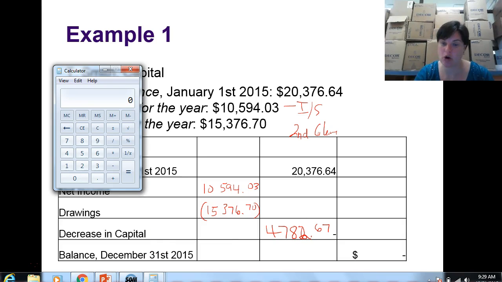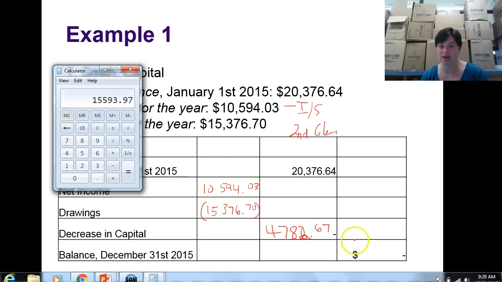So now we're going to take our opening capital figure, $20,376.64, subtract $4,782.67, our decrease in capital.